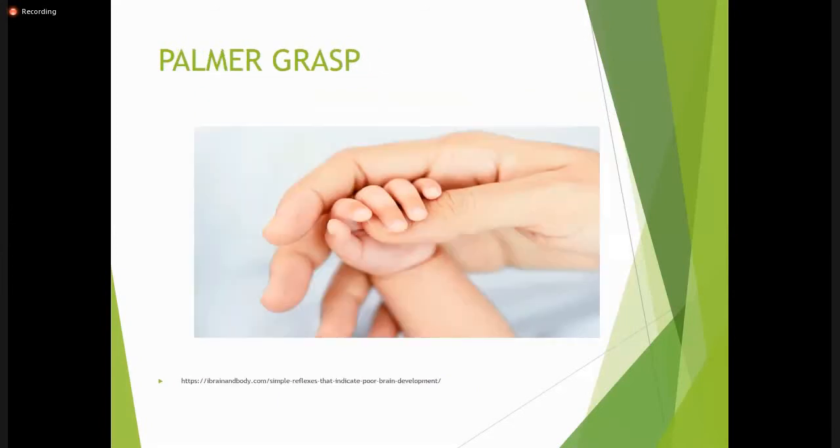Then comes the palmar grasp. In palmar grasp, you keep your finger in the palm of the newborn, and he will encircle his fingers around your finger, and this is termed as the palmar grasp.